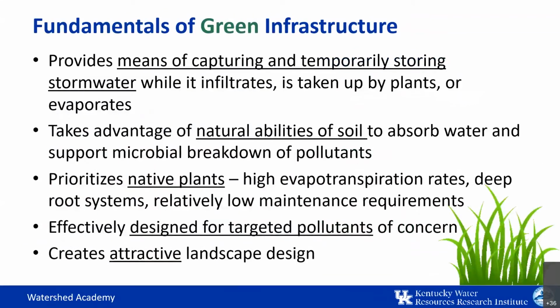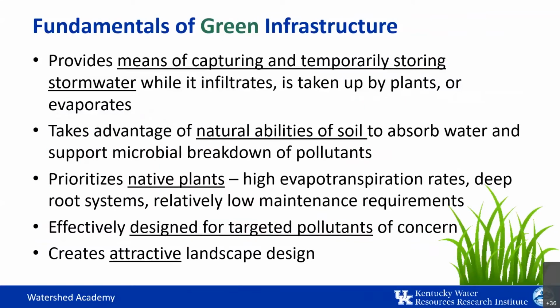The fundamentals of green infrastructure include the means of capturing and temporarily storing the stormwater while it infiltrates and is taken up by plants or allowing it to evaporate. It also takes advantage of the natural abilities of the soil to support microbial breakdown of the pollutants.